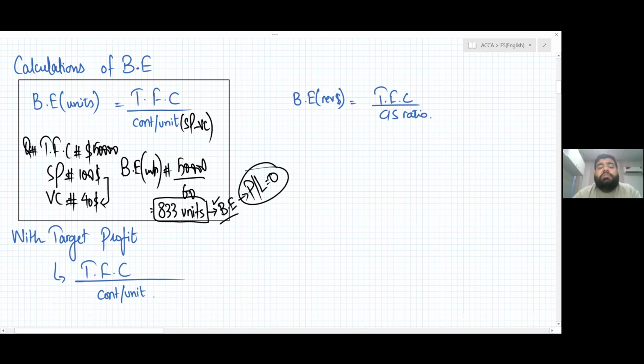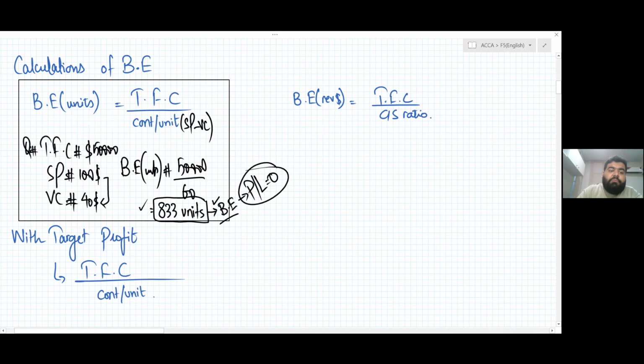So every business first makes the target to reach break even. After that, the second target is to sell more than break even. Obviously, they are there to earn the profit, not just to break even. But the first target is to recover the loss, reach the break even, and then earn as much profit as the business can. So this was the answer in units, break even in units.